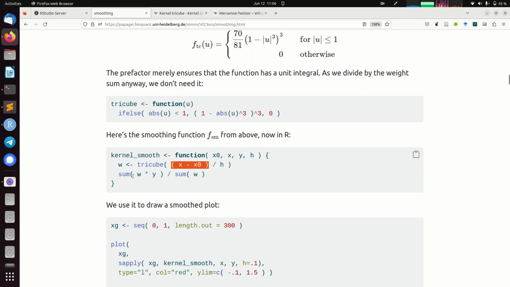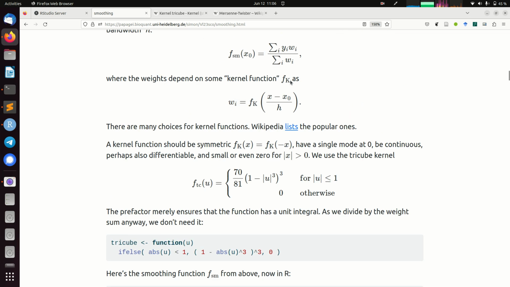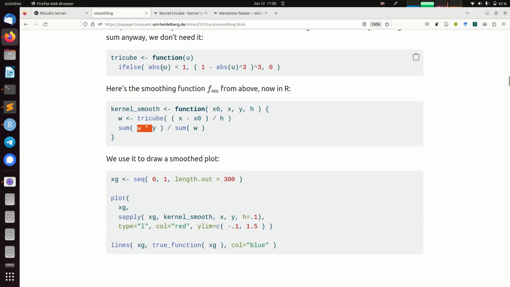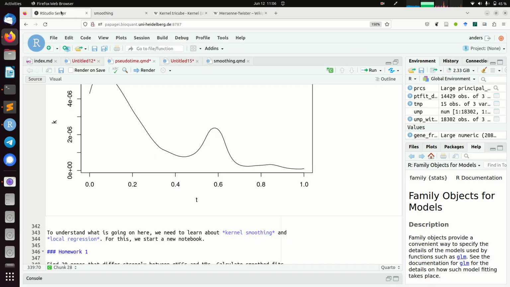Then I simply multiply element-wise the weights with the y values and divide by the sum of the weights. So this is our kernel smoothing function. In order to now actually use this function, I have to call it for many values of x. So I make here a grid xg, which is just a sequence from 0 to 1.